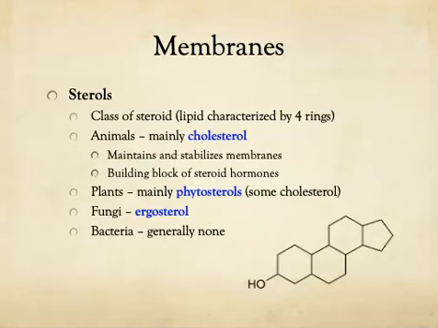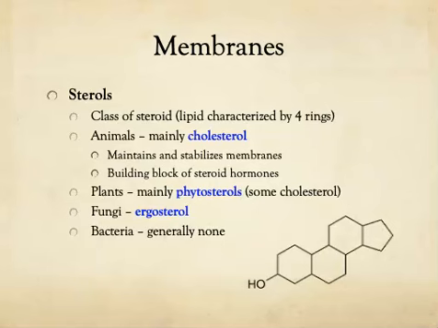The other thing that sterol is critical for, particularly this molecule called cholesterol, is the synthesis of steroid hormones. And a great example of steroid hormones are the reproductive hormones. So estrogen and progesterone and testosterone, these are the reproductive hormones, and they are all built from cholesterol. So cholesterol is a critical molecule inside normal, healthy, functioning animal cells.